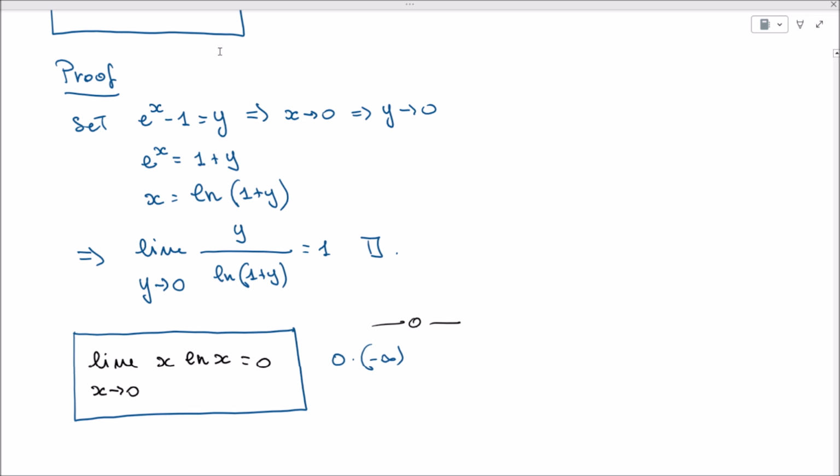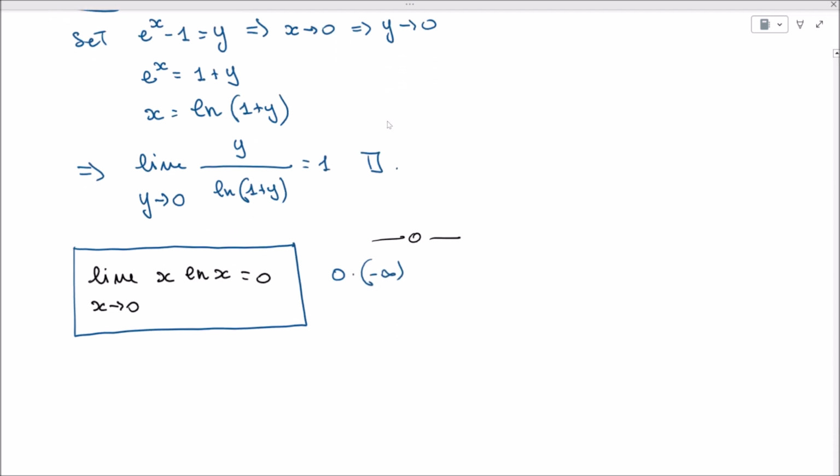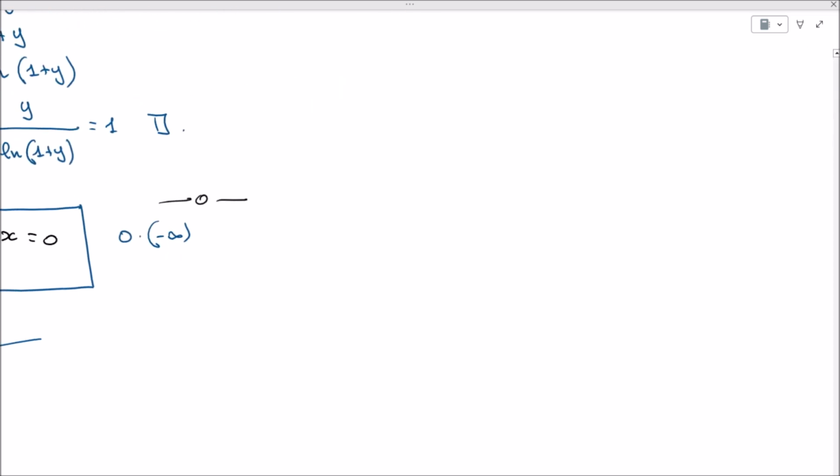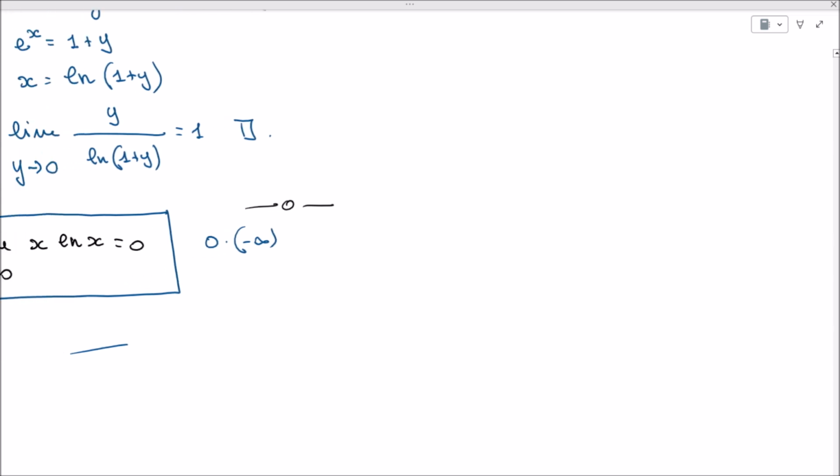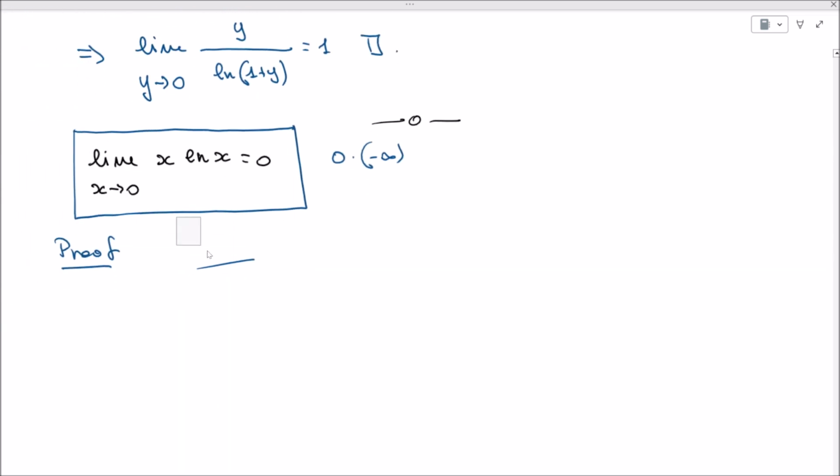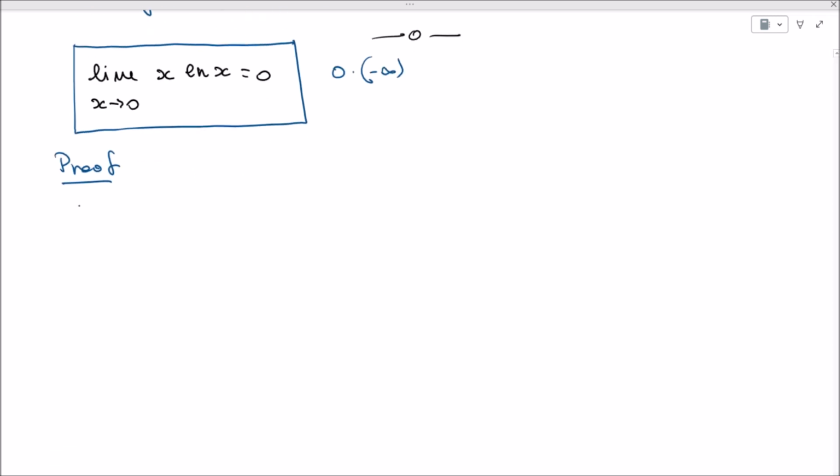Okay? Right, so to prove this we can set x equal to 1 over y.